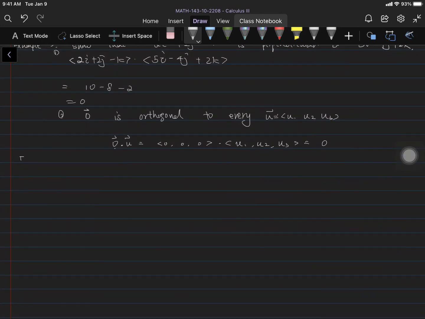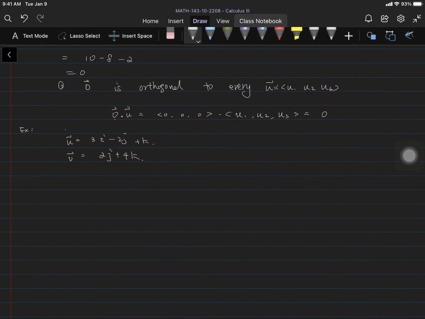Now let's try these two. The vector u equals 3i minus 2j plus k, and the vector v equals 2j plus 4k. Are they orthogonal?